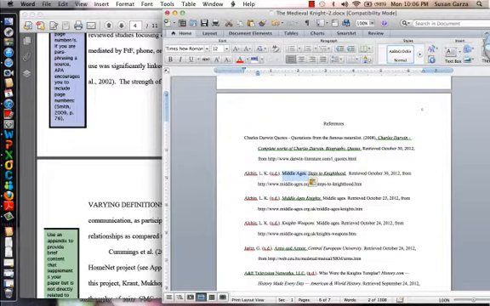Because remember, if this is the name of the web page and this is the name of the website, which is what I'm assuming, this is the name of the page on the website or the section or the article. Remember, the smaller thing comes first and then the bigger thing, and then the bigger thing is italicized, so she's got that correct. And Middle Ages, we're going to capitalize both of those because that's a proper noun.